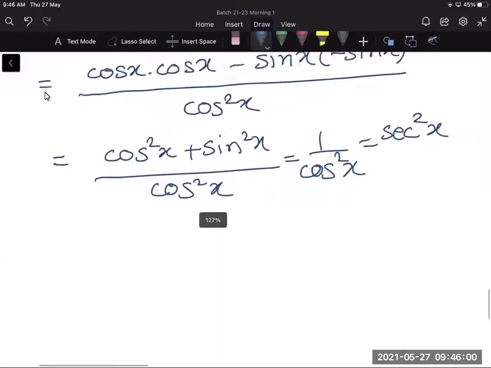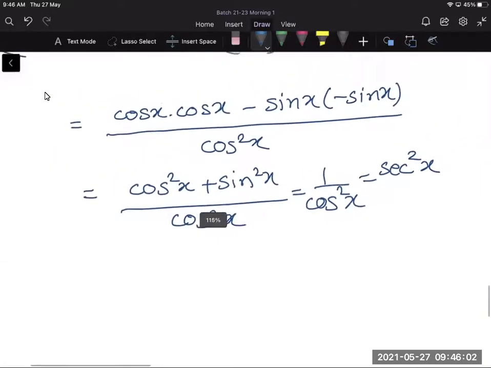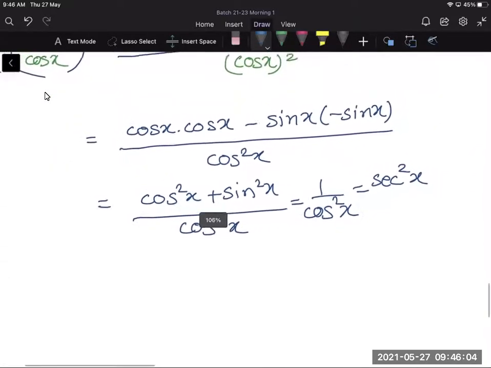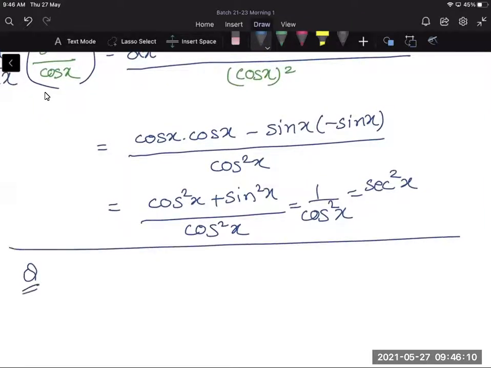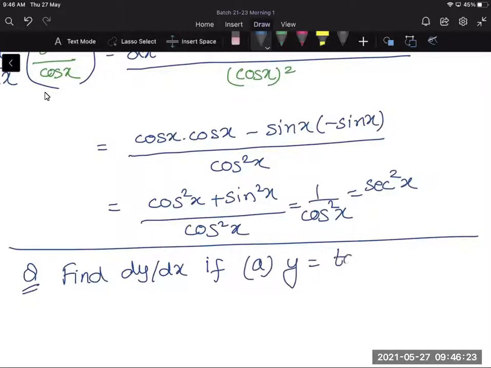So I want to give you a couple of questions. Find dy by dx if y is equal to tan x upon x.